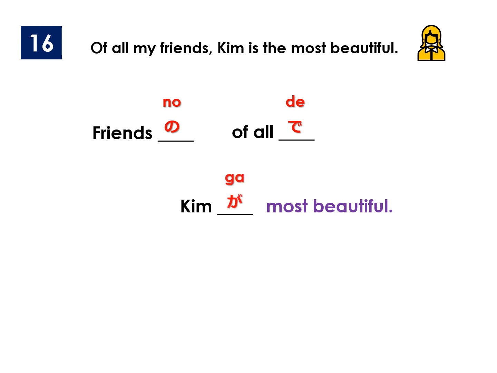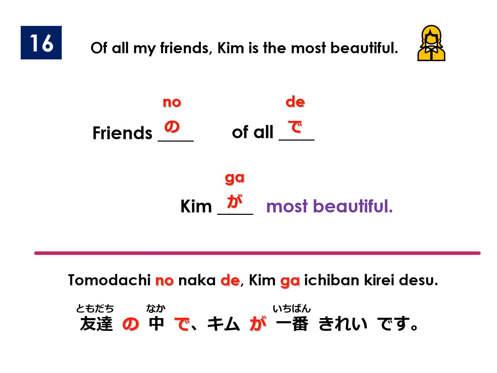Kim takes the particle ga to indicate that it is Kim that is the most beautiful. And in Japanese, Tomodachi no naka de Kim ga ichiban kirei desu. Of all my friends, Kim is the most beautiful.